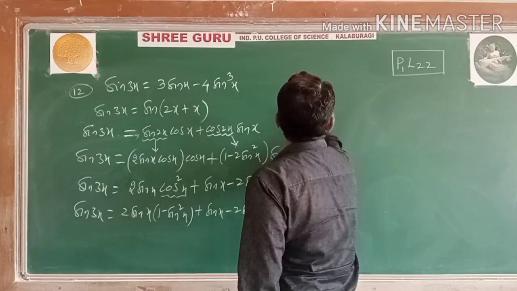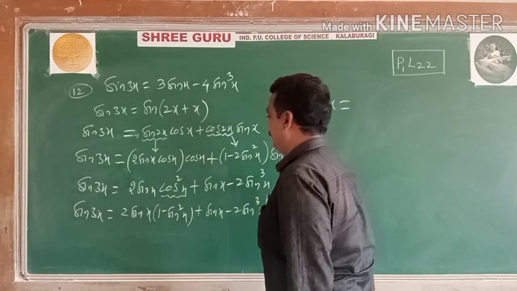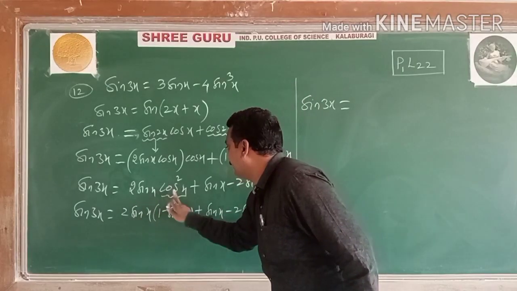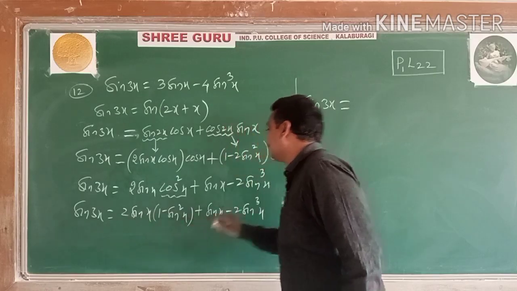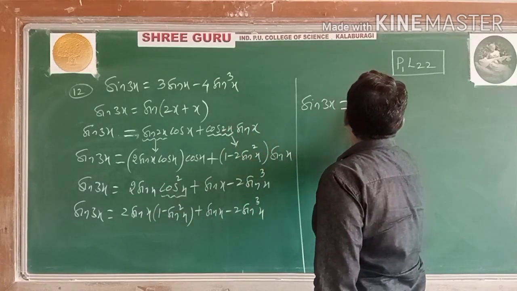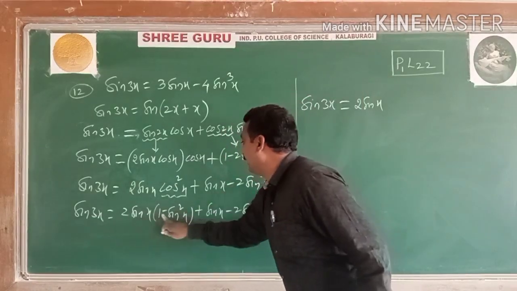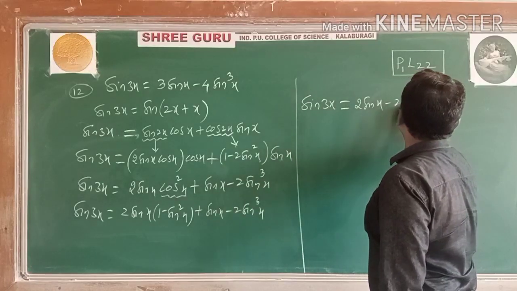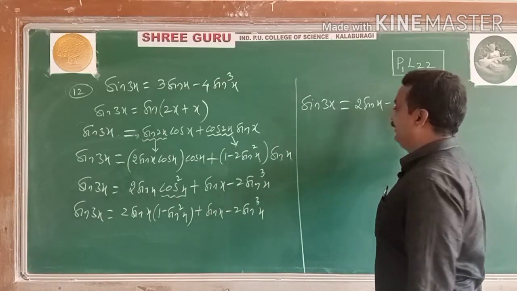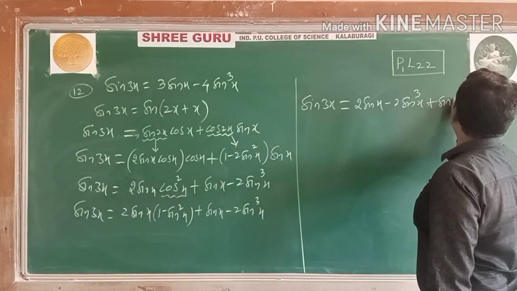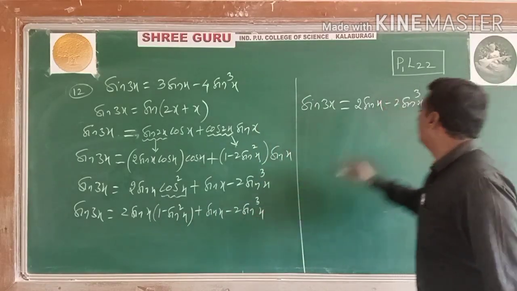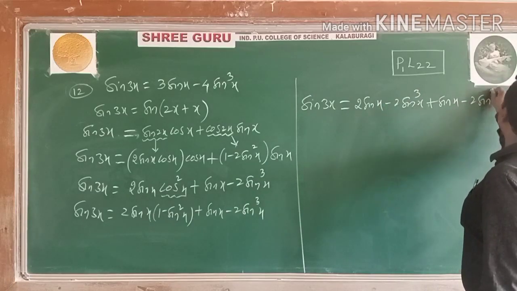sin 3x is equal to, taking the bracket, cos square x we have substituted as 1 minus sin square x. This 2 sin x, taking into the bracket, 2 sin x into 1, 2 sin x minus 2 sin cube x, plus sin x, minus 2 sin cube x.